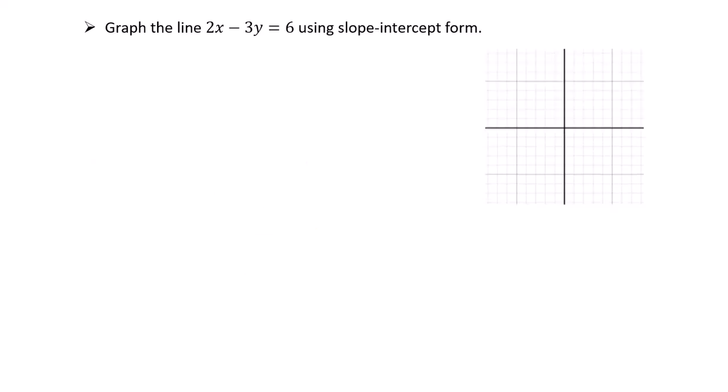Here, let's graph the line 2x minus 3y equals 6 using slope-intercept form. Remember, slope-intercept form is y equals mx plus b. So I'm going to need to take this equation and solve it for y. First thing I want to do is subtract 2x from both sides.